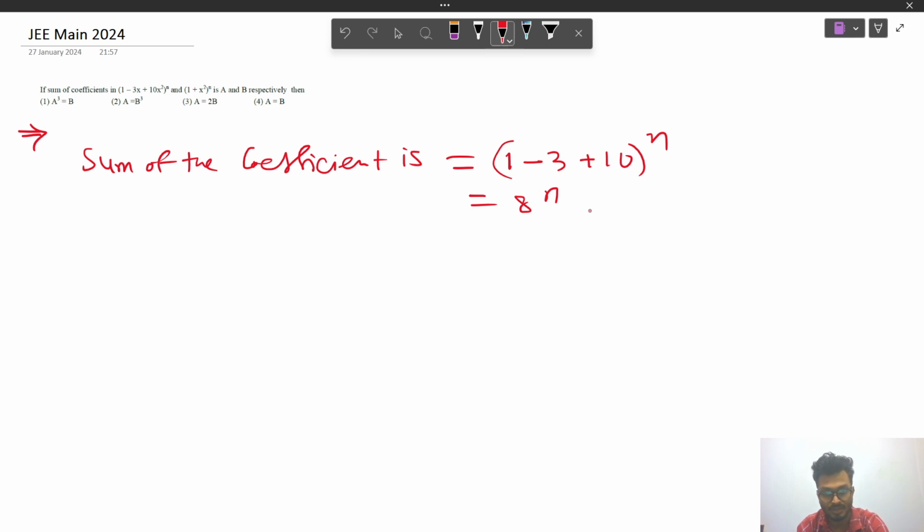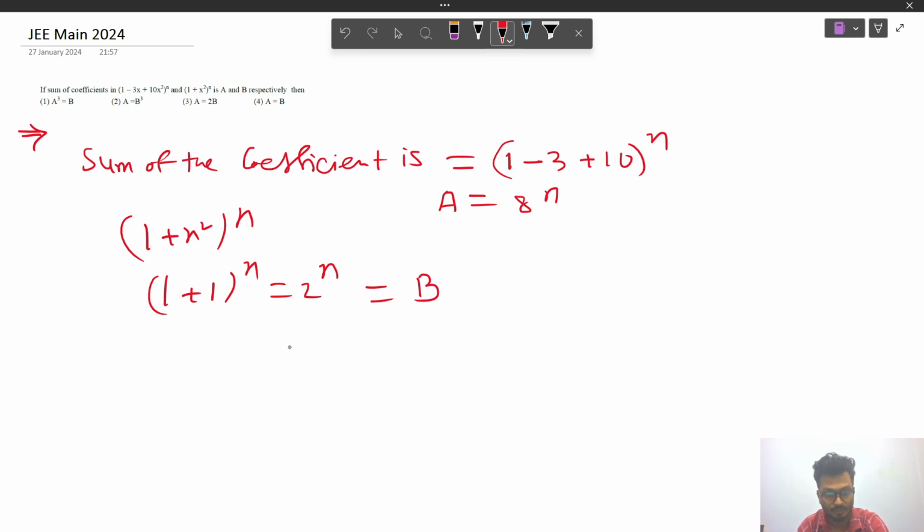This is our A. Similarly, for the second expression (1 plus x squared) to the power n, what will be the sum of the coefficients? It will be (1 plus 1) to the power n, that is 2 to the power n. So this is our capital B.